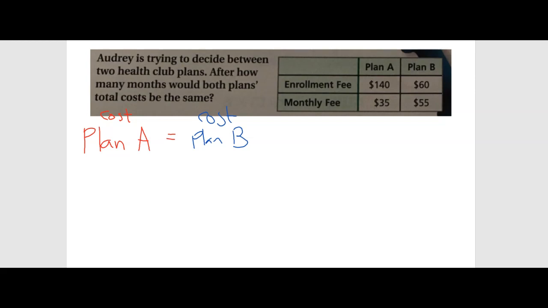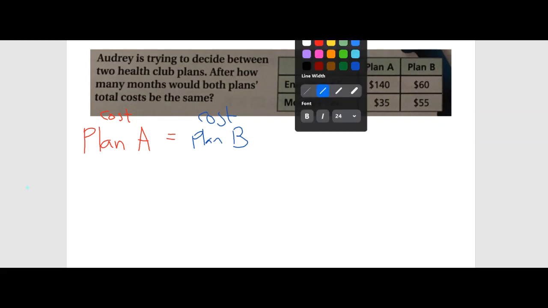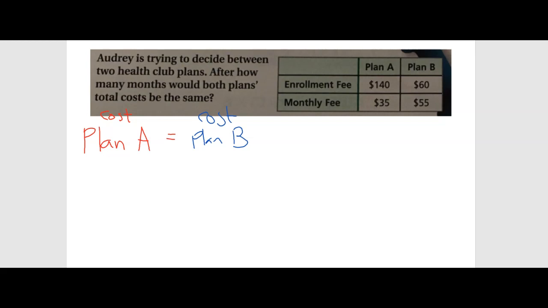The cost for plan A is $140 plus $35 a month. So I don't know how many months it's going to take, so we're going to do 35 times a variable. Let's use m for months.